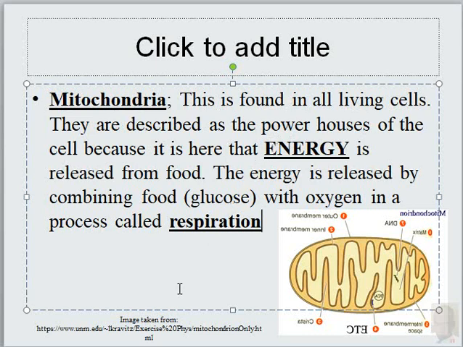Now, I would love to ask you a question. If we have the mitochondria as the power producing entity in a cell, which cells in the body do you think would need a lot of mitochondria, and why? Good. If you're thinking, your answer would most likely be the muscle cells.